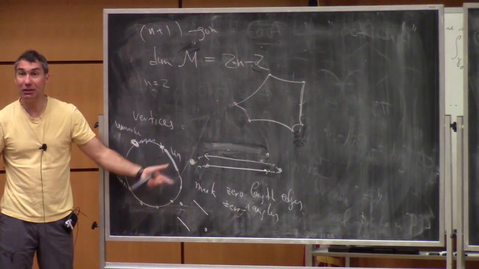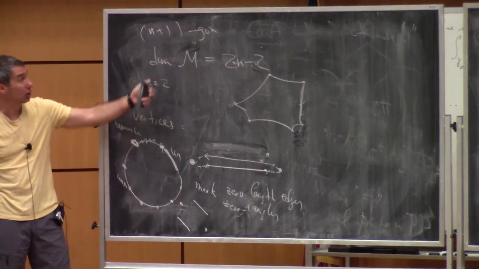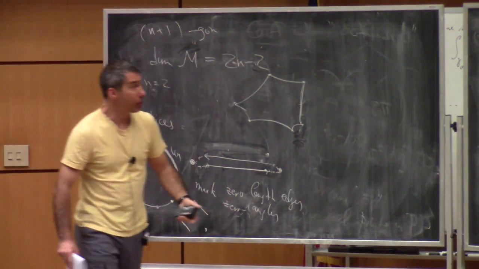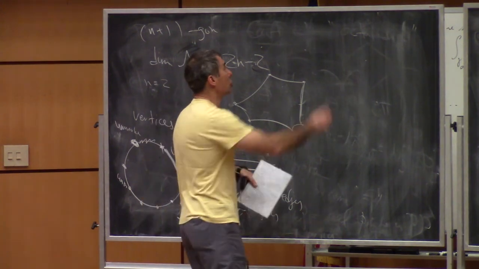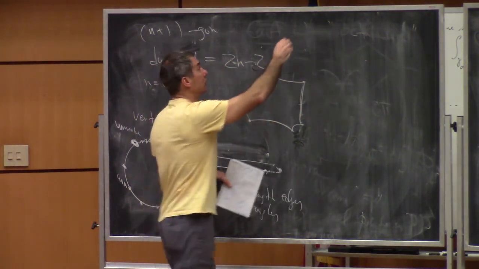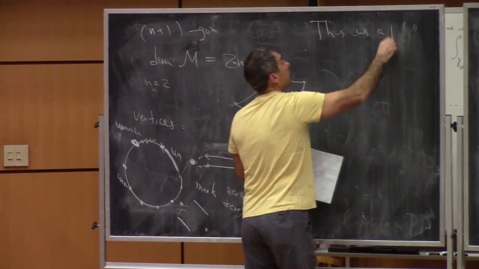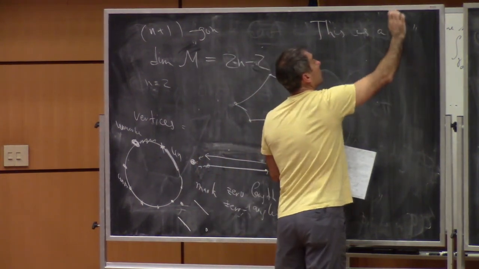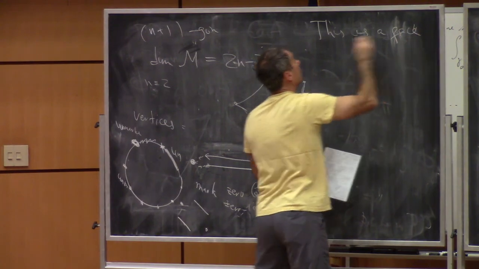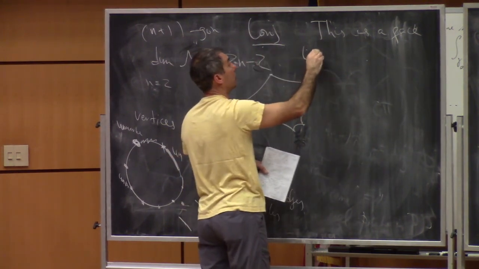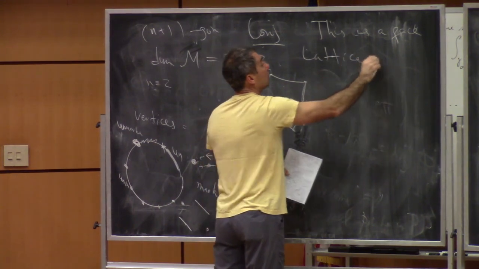So this is a face lattice of my moduli space. Here's a conjecture for those who love polytopes. Conjecture: it's a face lattice of a polytope.